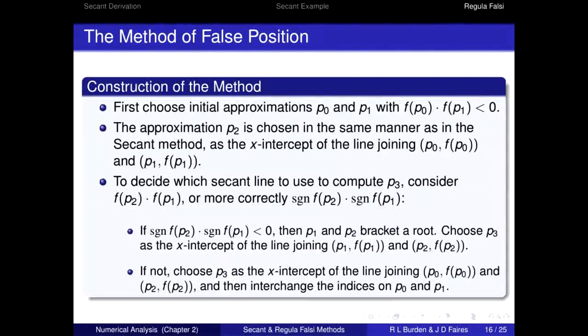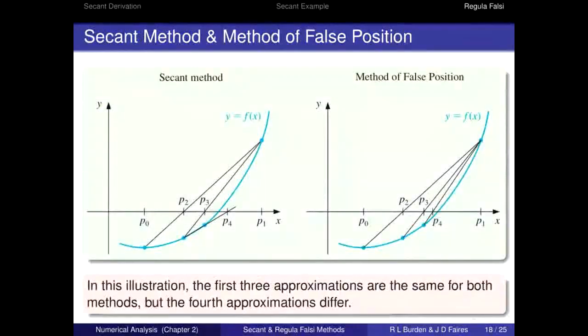P2 is chosen in the same manner as in the secant method, and you use successive iterations, and if your root within the given tolerance starts to get repeated, then you can stop the iteration, as you have achieved the root. So this is all about the construction of the method, and first of all I will derive the formula for the method of false position.